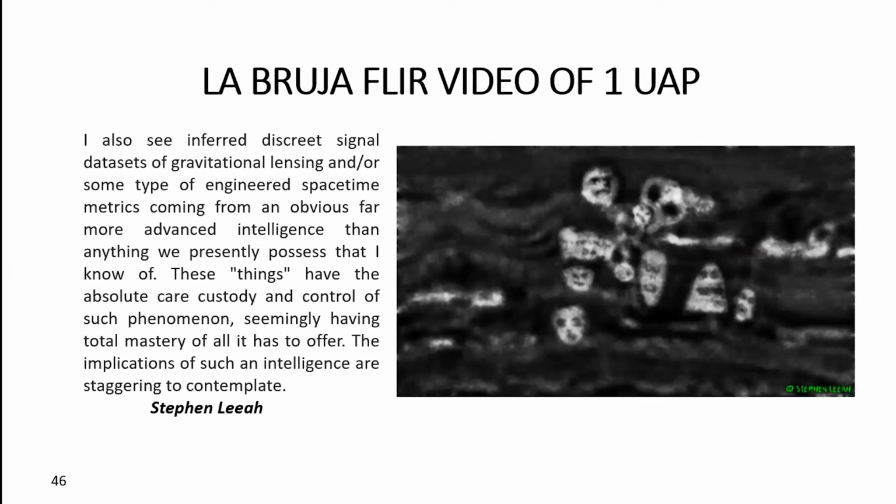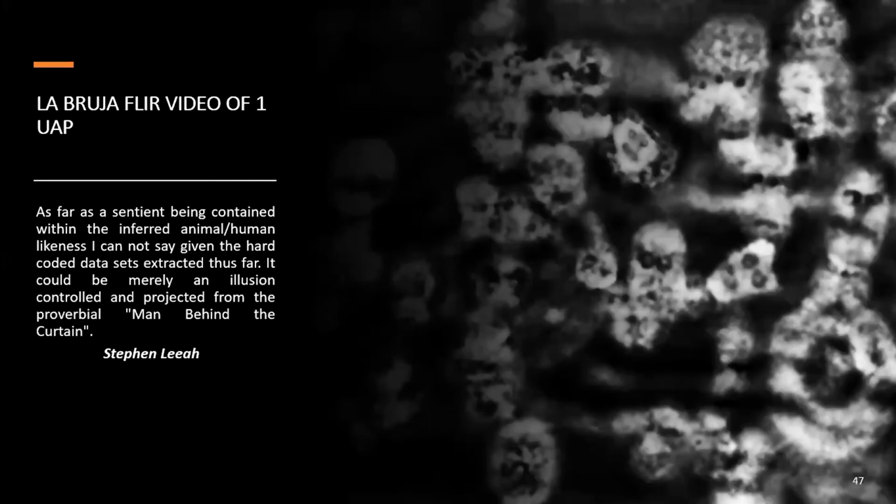The implications of such intelligence are staggering to contemplate. As far as a sentient being contained within the inferred animal-human likenesses, I cannot say, given the hard-coded data extracted thus far. It could be merely an illusion controlled and projected from the proverbial man behind the curtain.